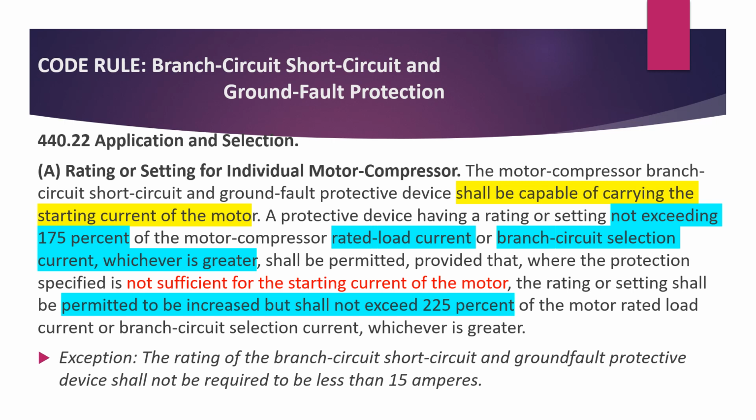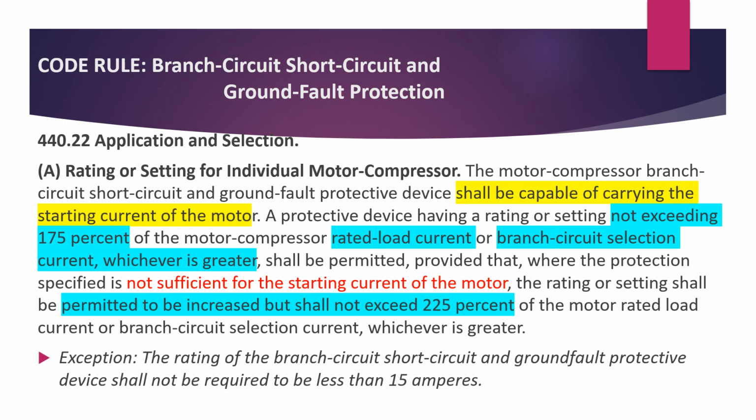And don't forget also that the code suggests that if the breaker is tripping due to overcurrent, there is an option that you can use another factor, which is 225%.